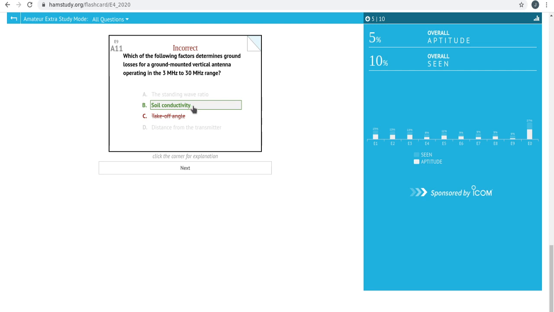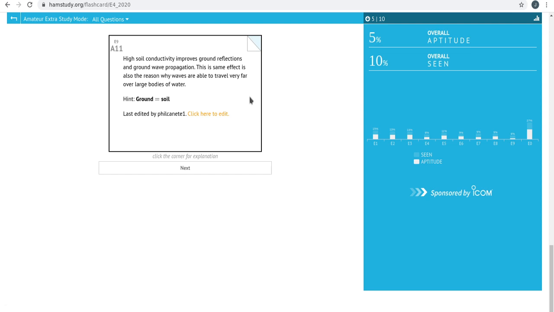It looks like they're actually talking about the resistance of the ground itself. High soil conductivity improves ground reflections and ground wave propagation. This same effect is also the reason why waves are able to travel very far over large bodies of water.